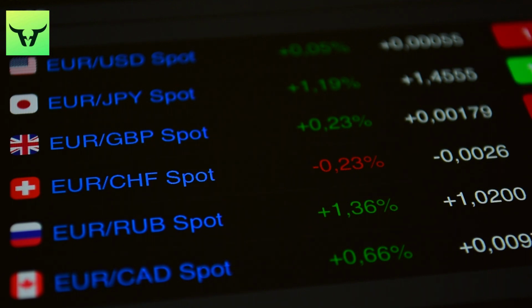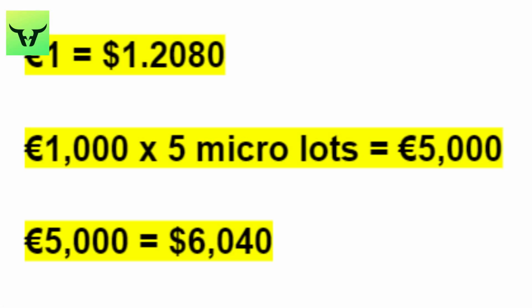Now that the EUR/USD pair is trading at 1.2080 rather than 1.2000, let's calculate the required margin to keep the position open. We will convert the EUR value to USD as our trading account is in USD to determine the trade's notional value. The current notional value is $6,040.